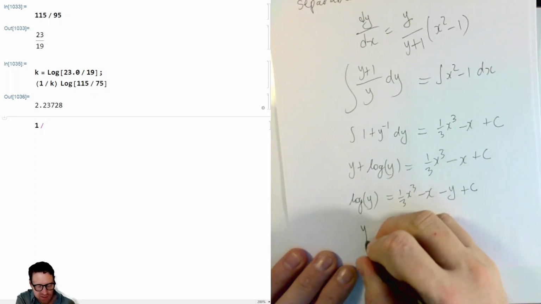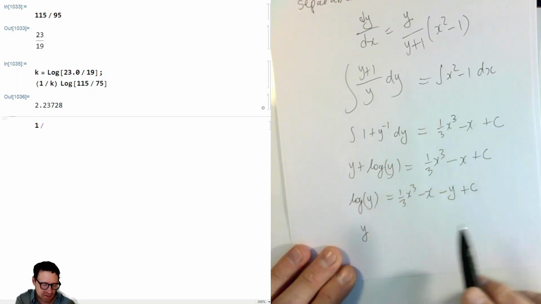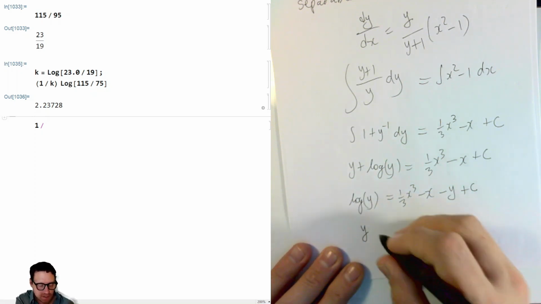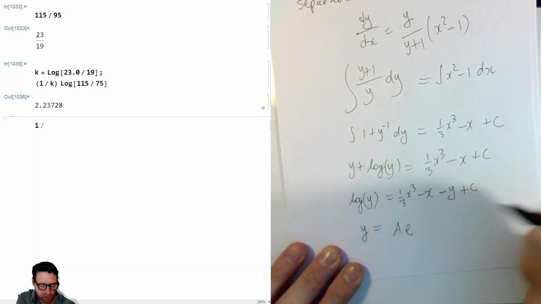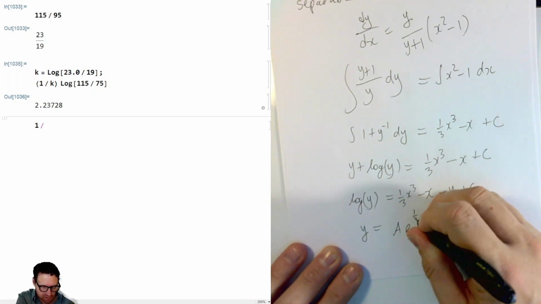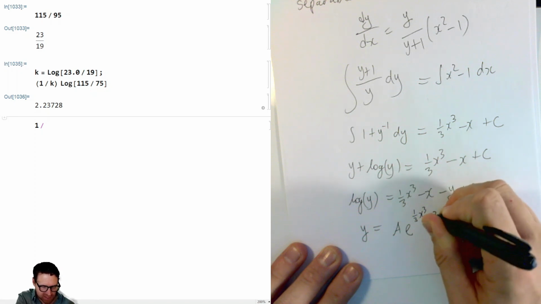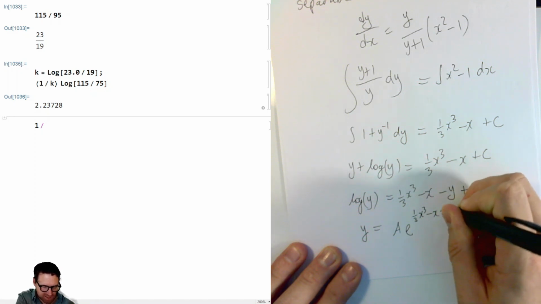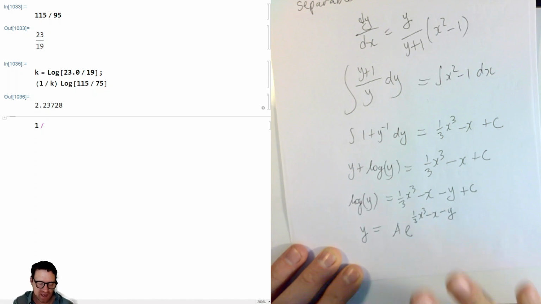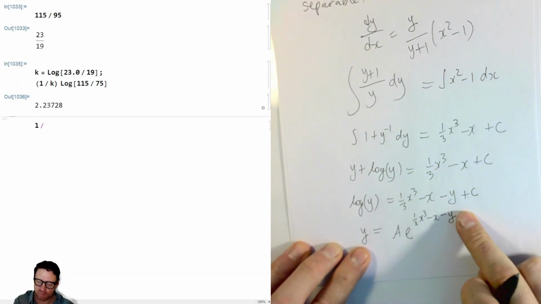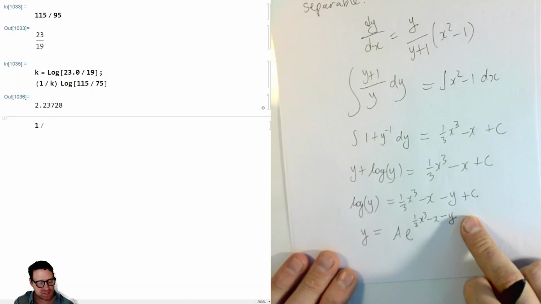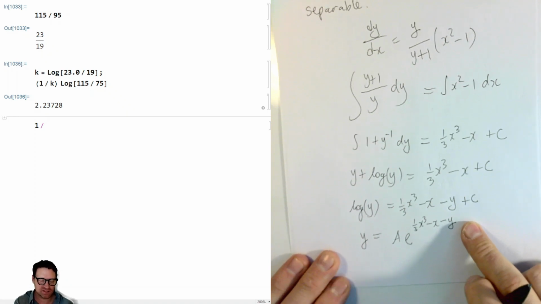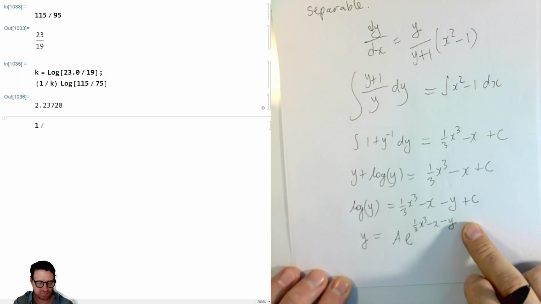And so then solving this for y, I know there's a y over here, what we would get is a e to the power of 1/3 x cubed minus x minus y. Okay, so here we have this. We've got y on both the left and the right hand side, but now it's possibly a little bit easier to see what to do with the initial value.